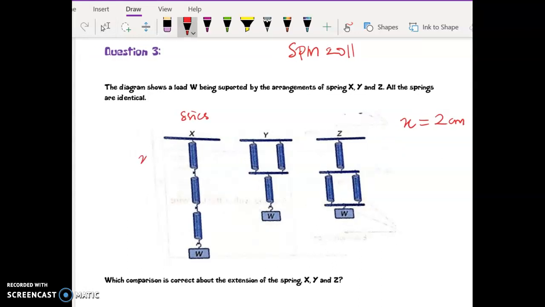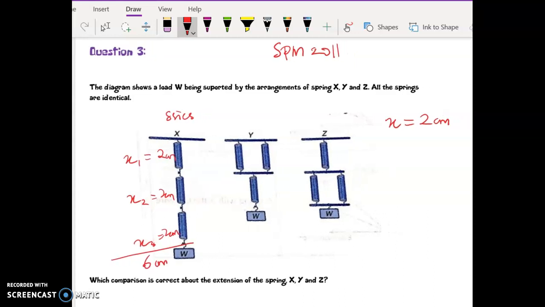For series, X1, X2, and X3 each will extend by 2 centimeter, so the total extension of the whole system is 6 centimeter. For Y, we have parallel and series. For the parallel part, the extension is 2 divided by 2, so it is 1.